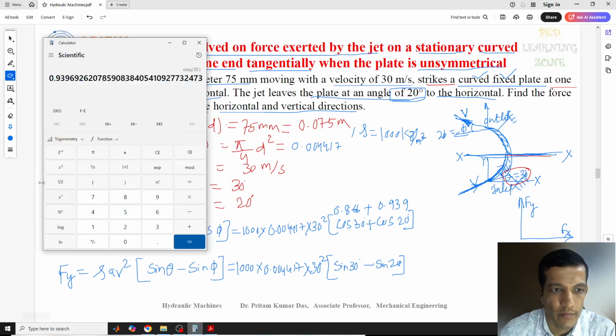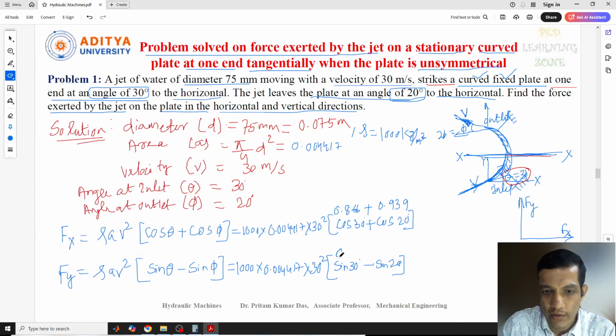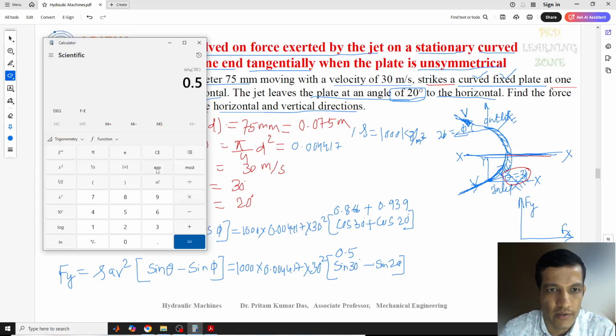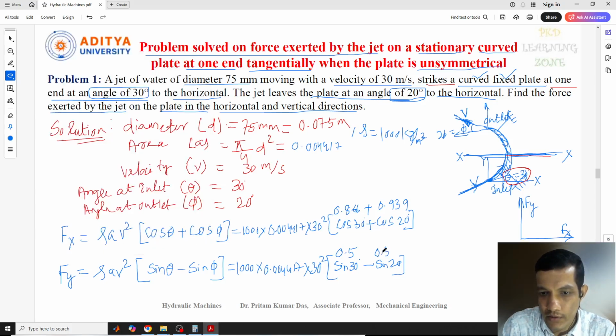Similarly, at a time you can calculate the value of sin 30, which is 0.5, that is 1 by 2. And similarly, the value of sin 20 is 0.342.